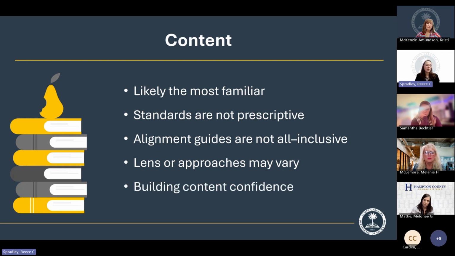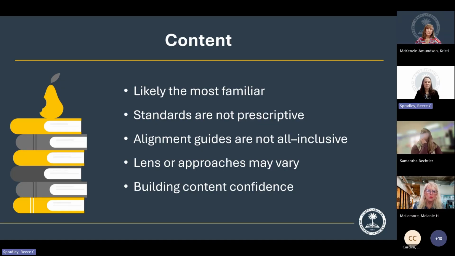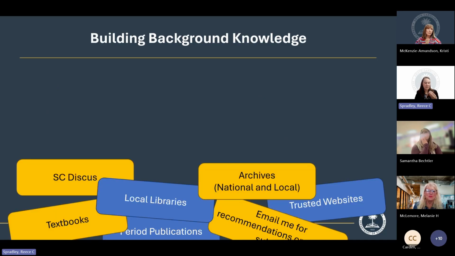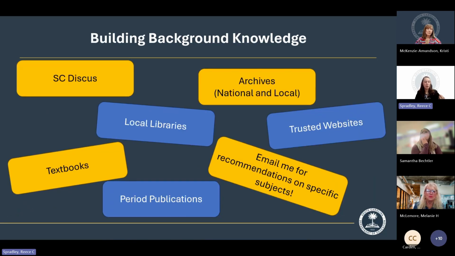And then the other thing is building content confidence, which again, like I said, was one of the areas that people said they need support. We could do an entire webinar series just on content support. So today I'm just going to give you some different places where you can go for background knowledge. Unfortunately, there is no fast and easy way to gain background knowledge, but if you do get curious, there are resources of every type and format out there you can learn from.